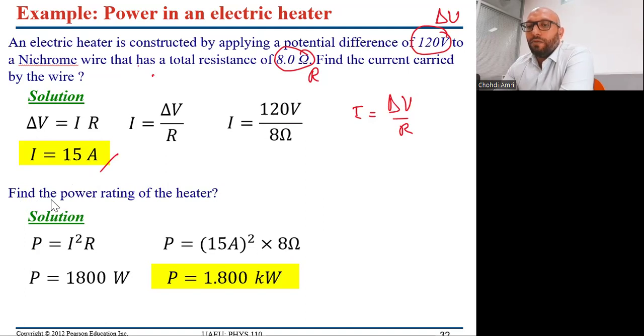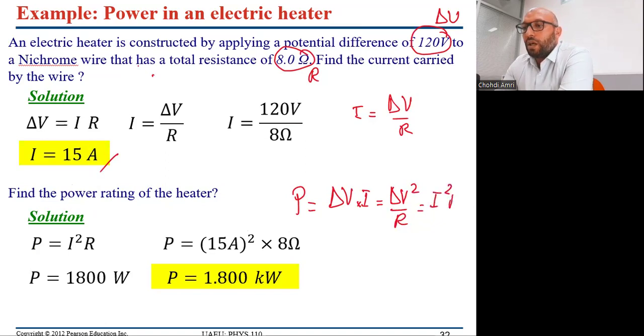Find the power rating of the heater. What is the power of the heater? Power is delta V multiplied by I, which is equal to delta V squared over R, which is equal to I squared R. Which equation will we use? We choose delta V squared over R, because it is a function of the given in the question. Delta V is 120, R is 8.